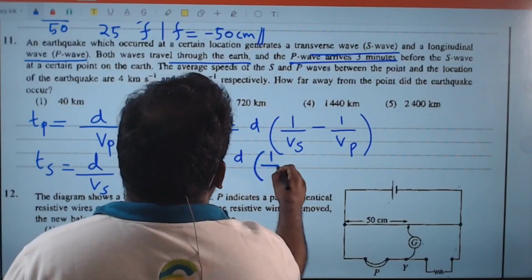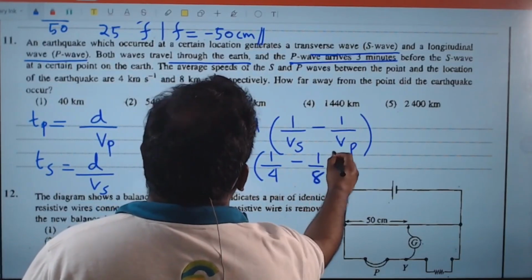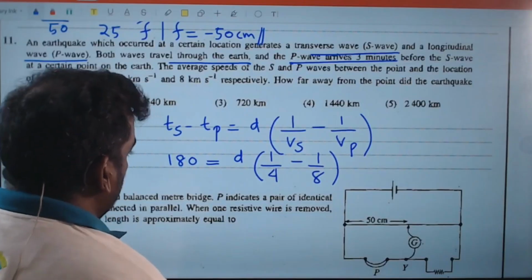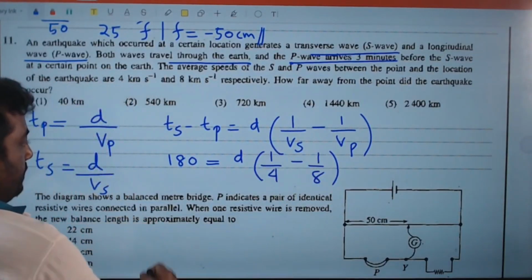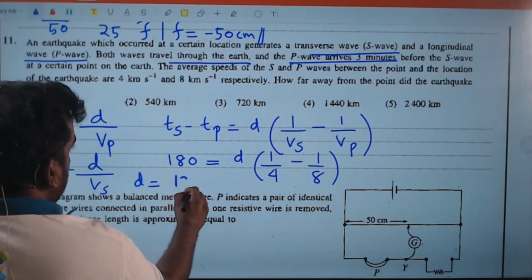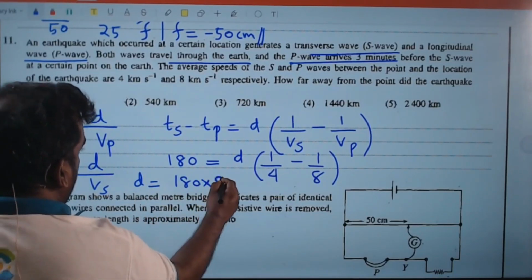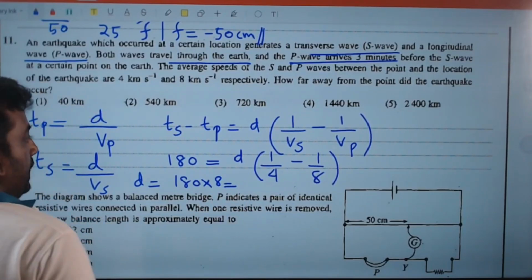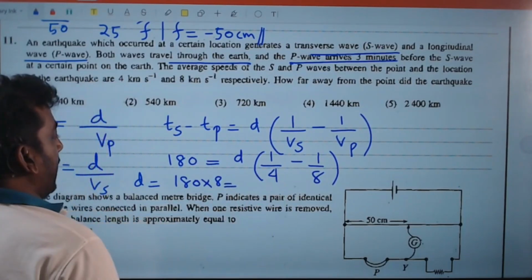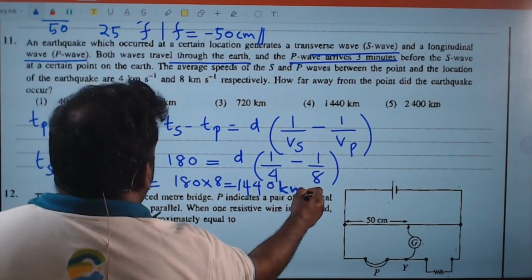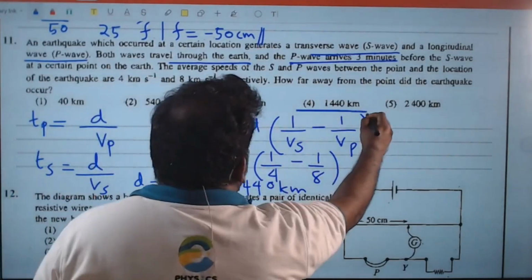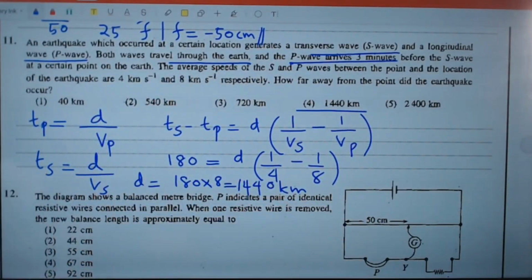Speeds in kilometers per second: 1 over 4, 1 over 8 for primary. First multiply 8, or 2 minus 1. D is 180 multiplied by 8, so per second cancels. 1440 kilometers. Answer is answer number 4.